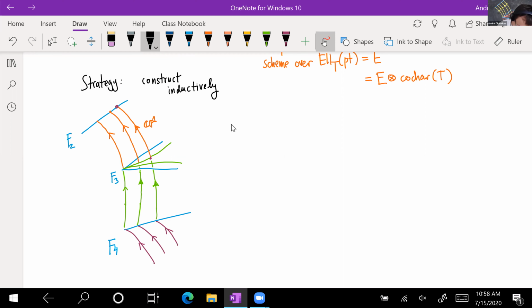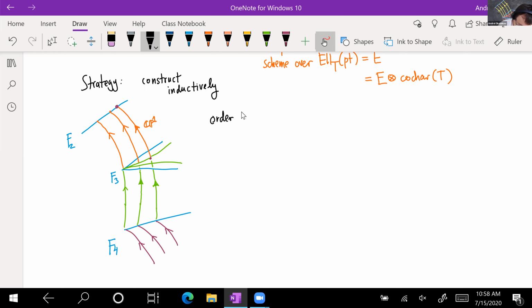So remember that we have a partial order among the components of the fixed locus, and we can choose a linear order.